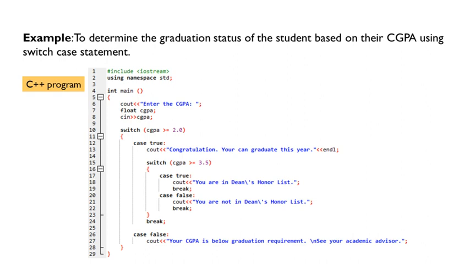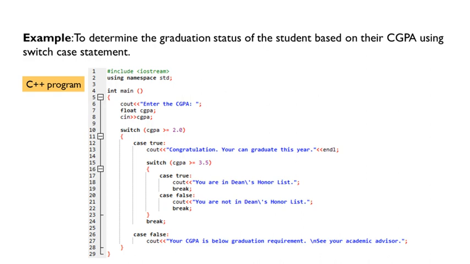If the expression in line 10 is true, the compiler will execute line 13. As you can see, there is another expression that needs to be checked in line 15 under the case label true. If the expression in line 15 is true, then it executes: you are in the Dean's list.